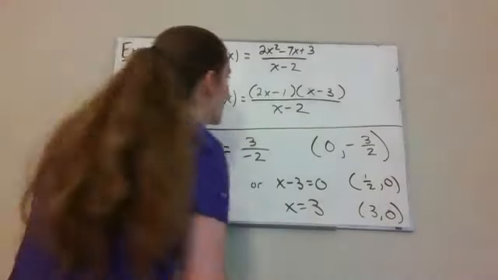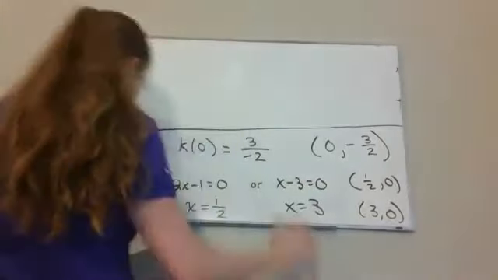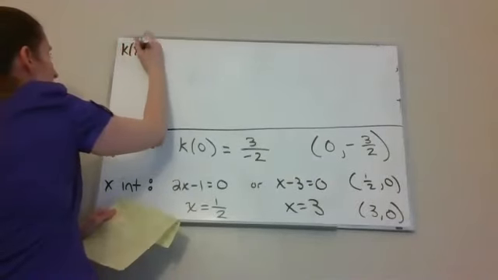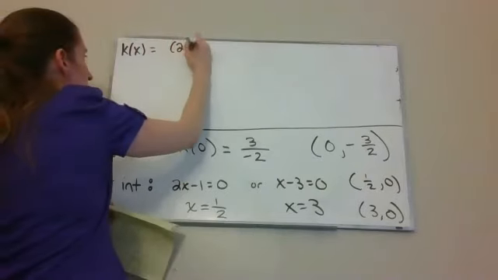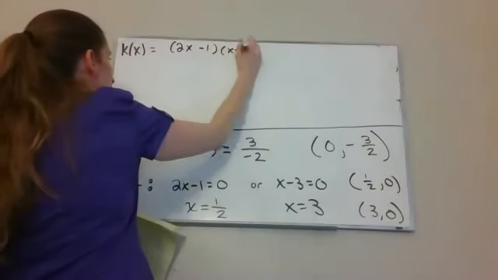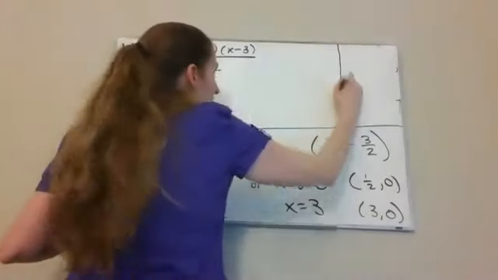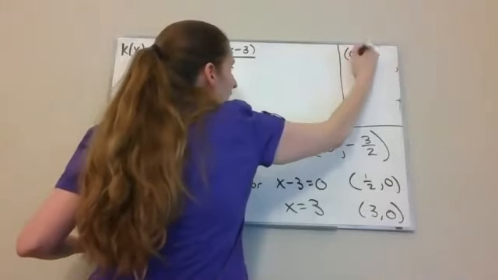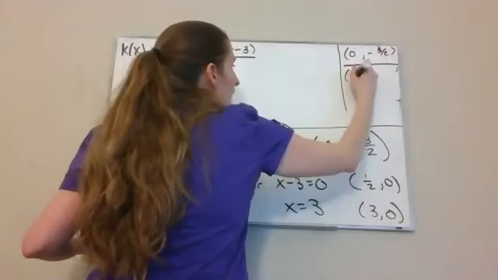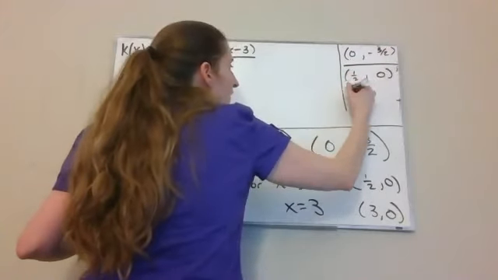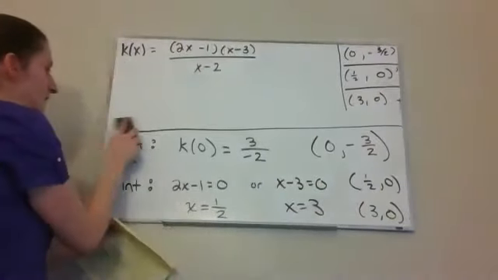That's okay. So like last time, I'm going to rewrite my function in its factored form over here. And I'm going to keep track of my points on the right side. I have 0, -3/2. I have 1/2, 0, and I have 3, 0. That's all I know of my graph so far.